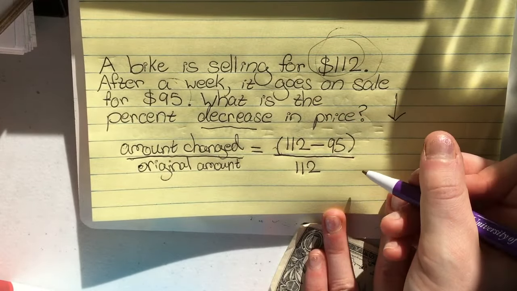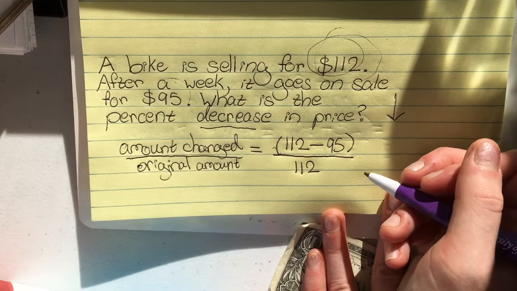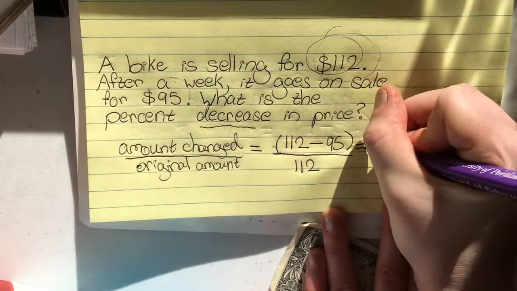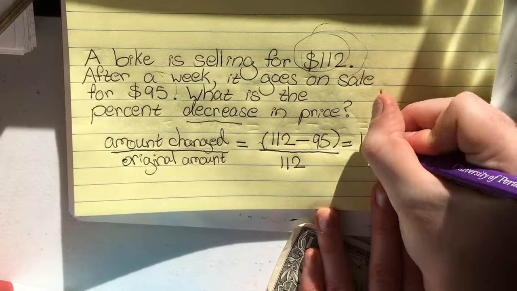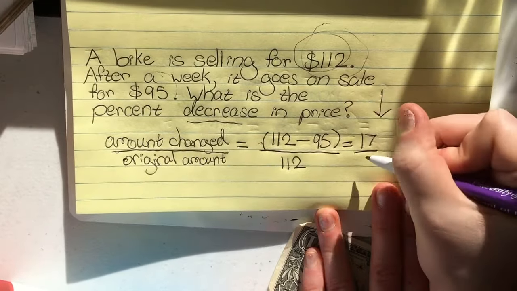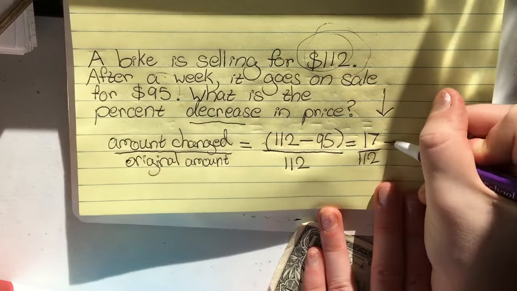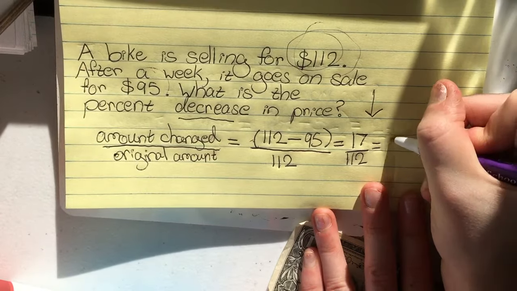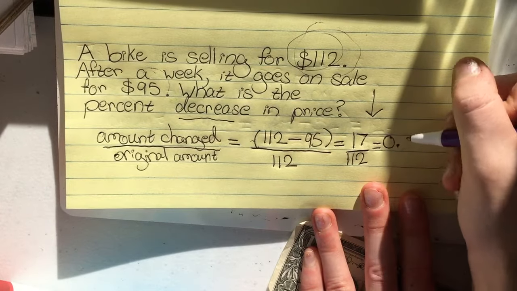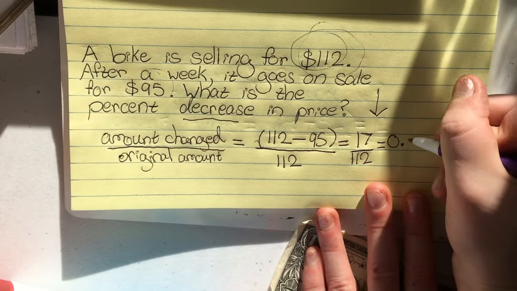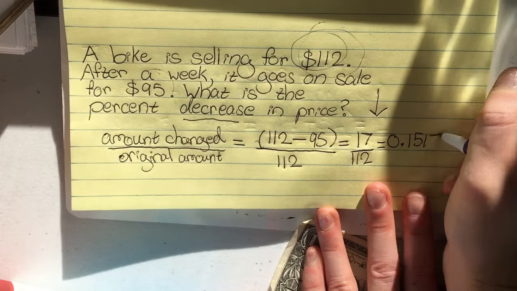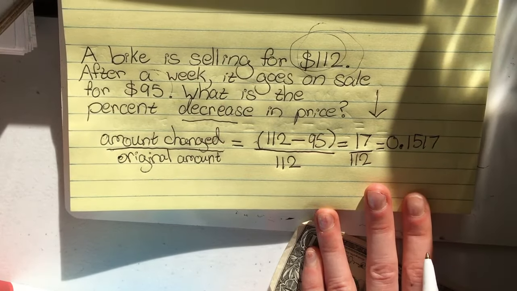Now this, I can do on paper, in my head, or plug into a calculator, either way. When I crank that out, I get 17 over 112. This again, calculating that, I'll get about 0.1517. Can round there.